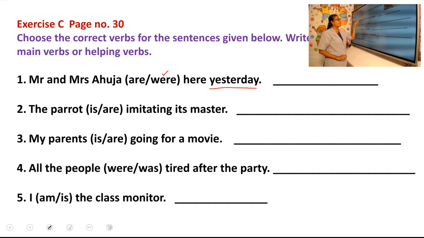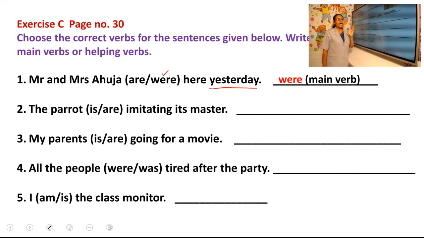Mr. and Mrs. Ahuja were here yesterday. And were acts as a main verb or a helping verb? Yeah, it is the main verb there. So what is the correct answer? Were. And here the verb were acts as the main verb. Clear? Please write down.